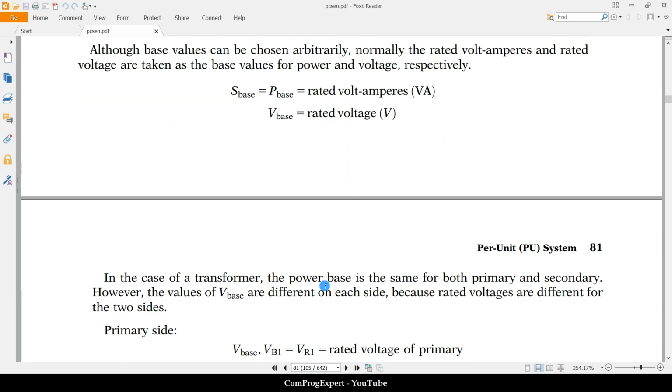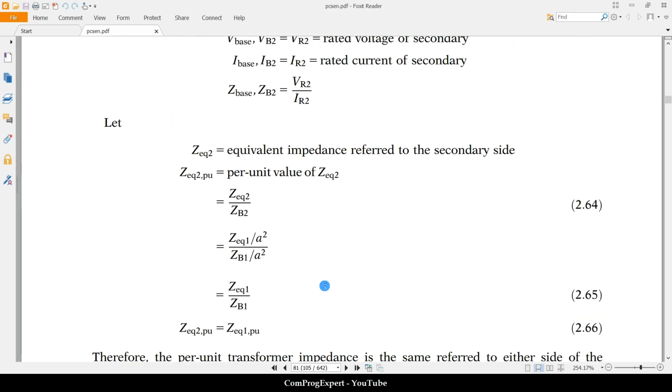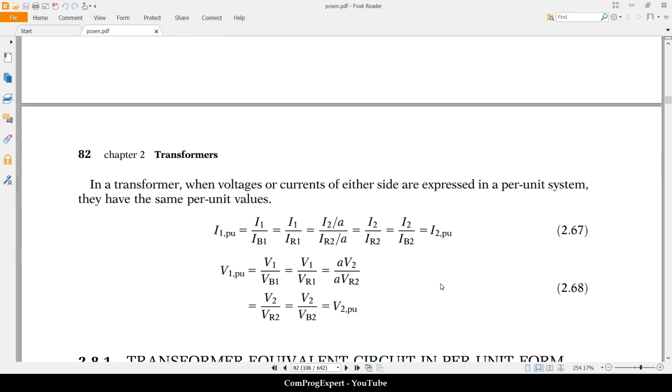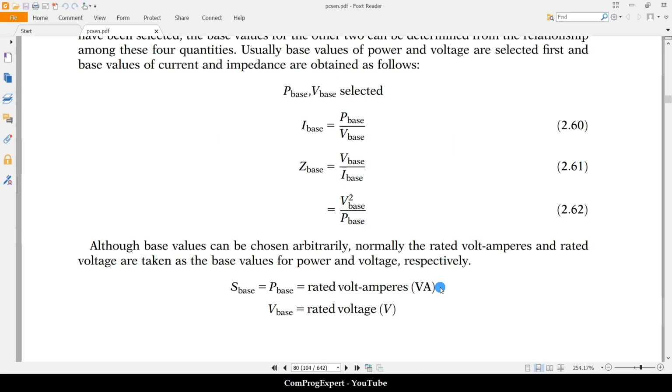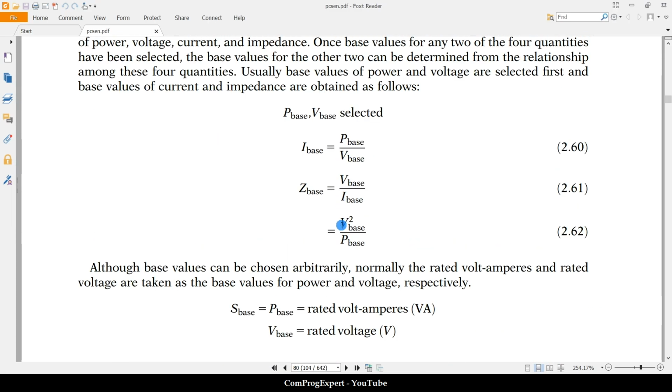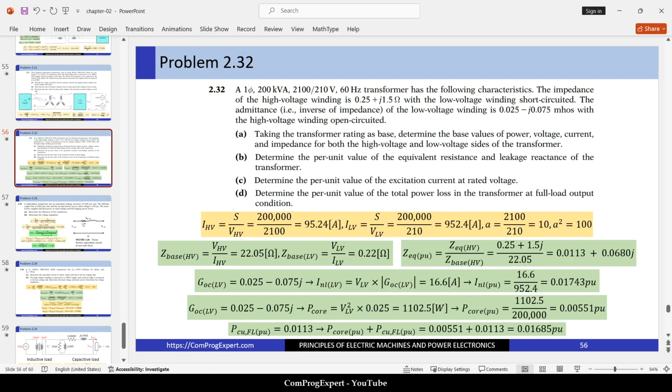So how can we calculate the base value for the impedance? We have these two equations. We can use either this equation, V base over I base, or this equation, V base to the power 2 divided by S base. So I calculated the base impedance for the high voltage side.